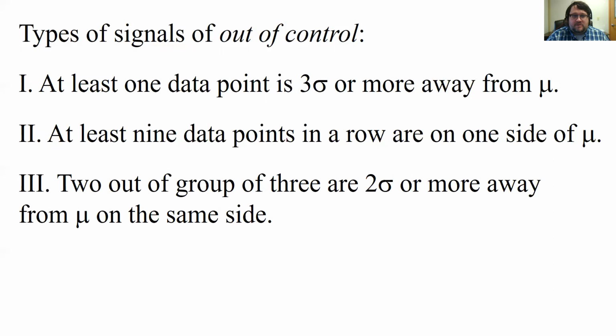And the third thing we look for is if you get 3 points in a row, and any 2 of those 3 fall outside of 2 standard deviations. Remember, 95% of the data should fall within 2 standard deviations. So if you go beyond that once, it's okay. The 5% is not that unlikely.